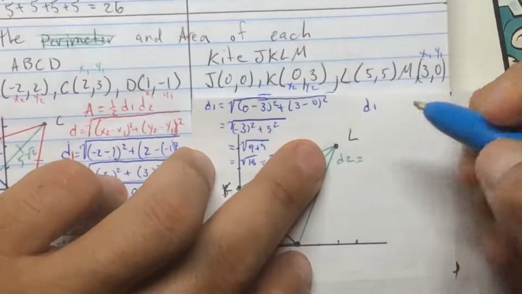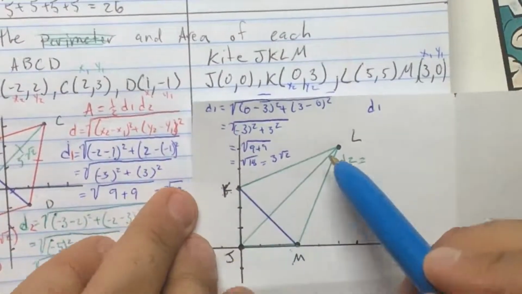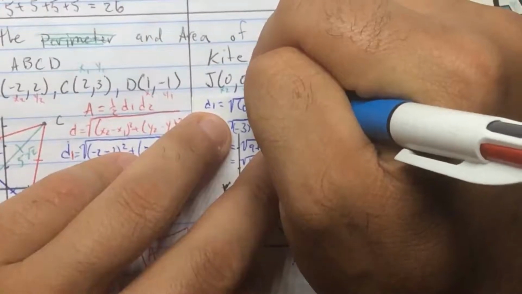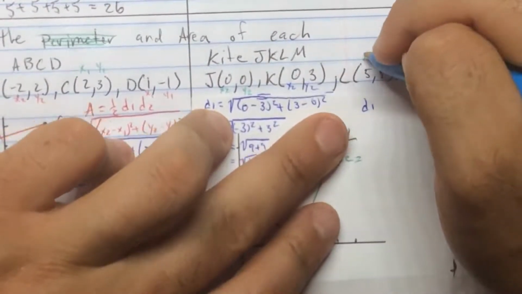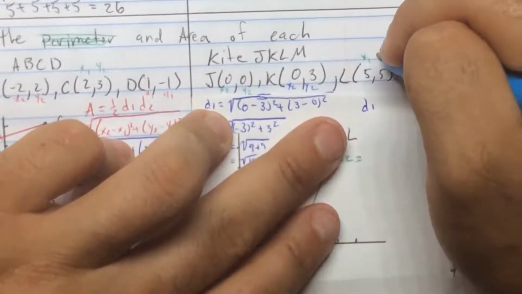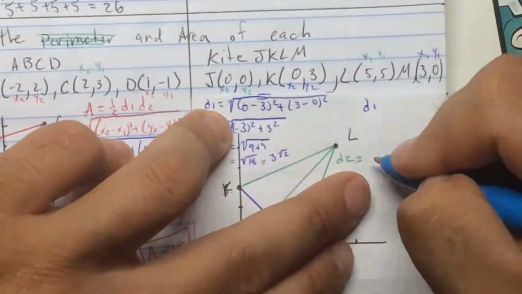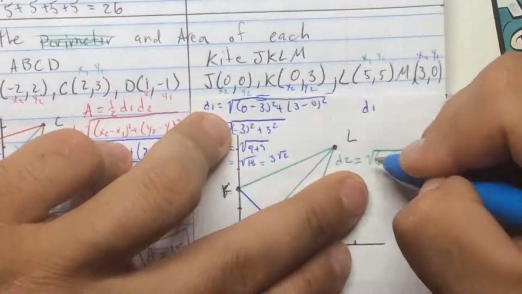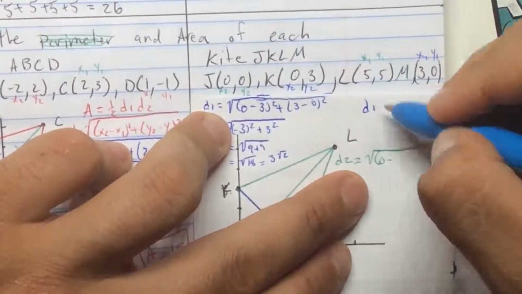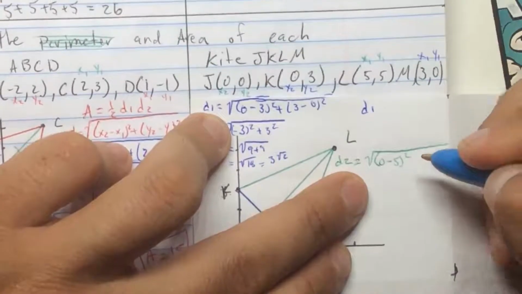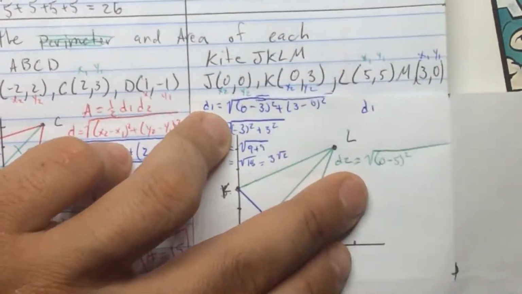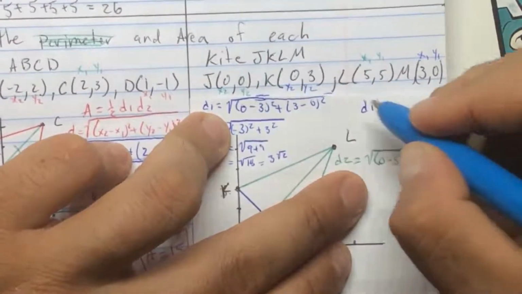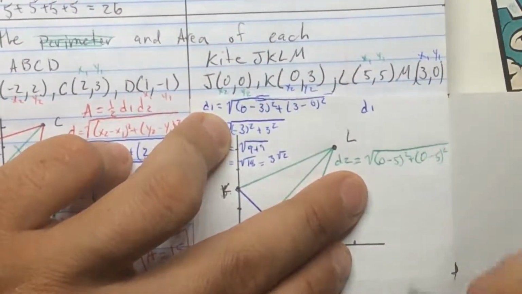Now we're going to work on our D2, which we'll do right here. D2 is equal to our J and our L. I'm going to do J as our X2 and Y2, and L as X1 and Y1. So we have the square root of X2, which is 0, minus X1, which is 5, squared, plus, once again, Y2, 0, minus Y1, 5, squared.